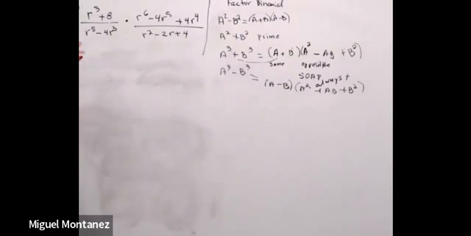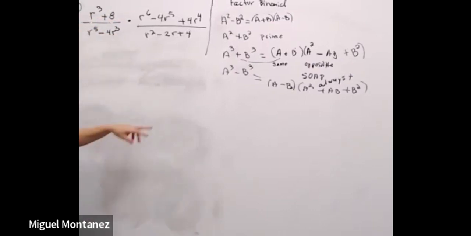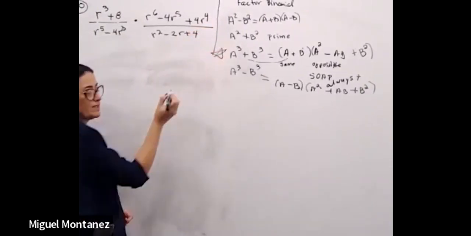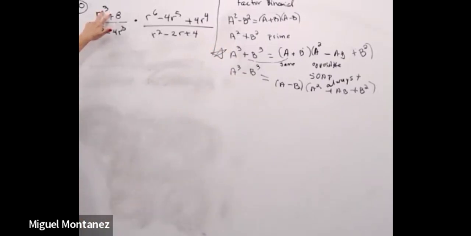Okay. So now we have here r cubed plus 8. Two pieces, nothing in common. So we go to our repertoire of formulas, and the one that matches here is the sum of cubes, because at least it gives us the hint of a cube. This 8 is a perfect cube, 8 is 2 times 2 times 2. So our a will be r in our case, and b is 2.